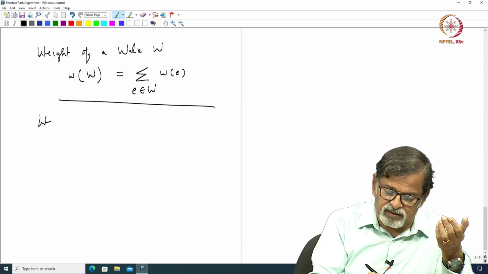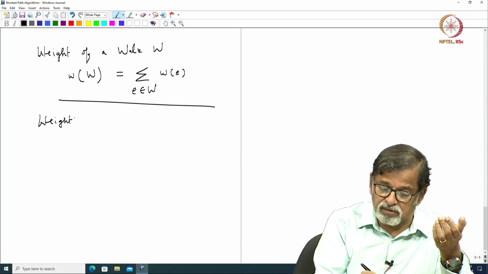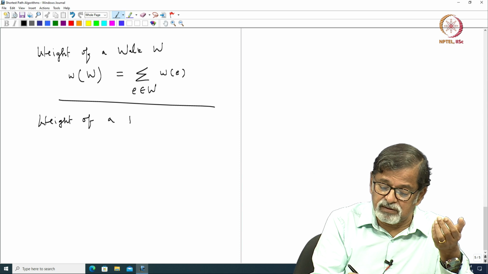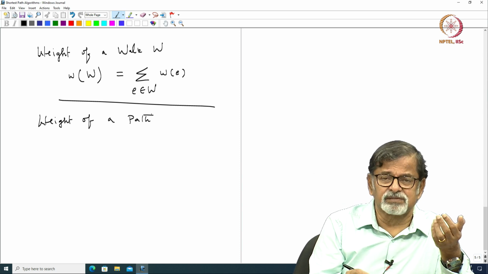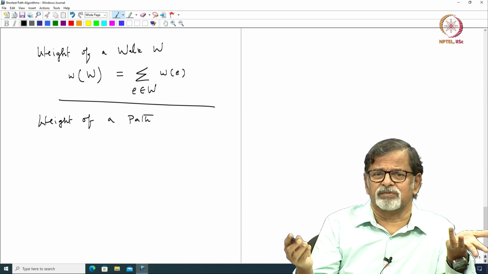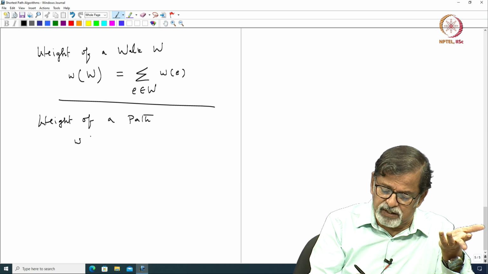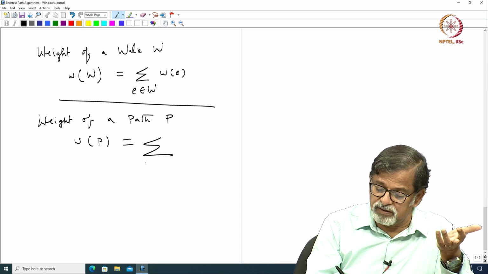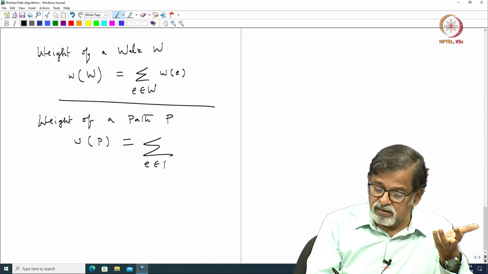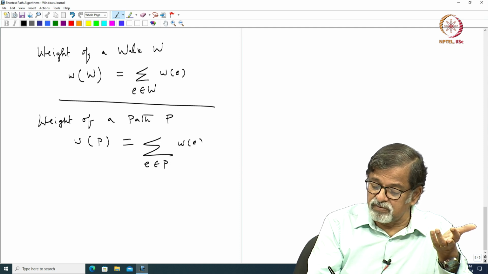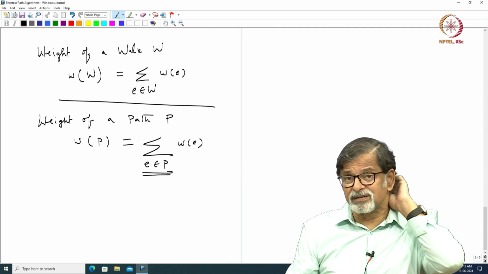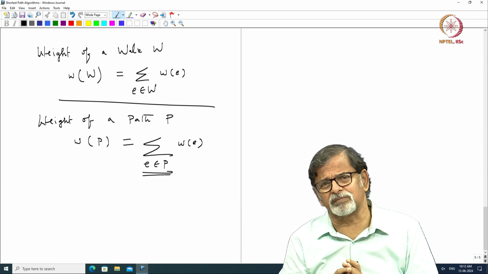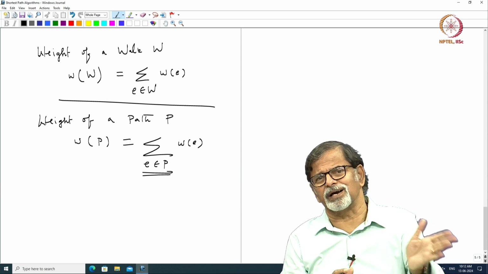Similarly, you can define weight of a path. What is the weight of a path? Weight of a path P is sum of the weights of the edges in the path. Consider those edges which are in the path. Each has a weight. Add all of them.